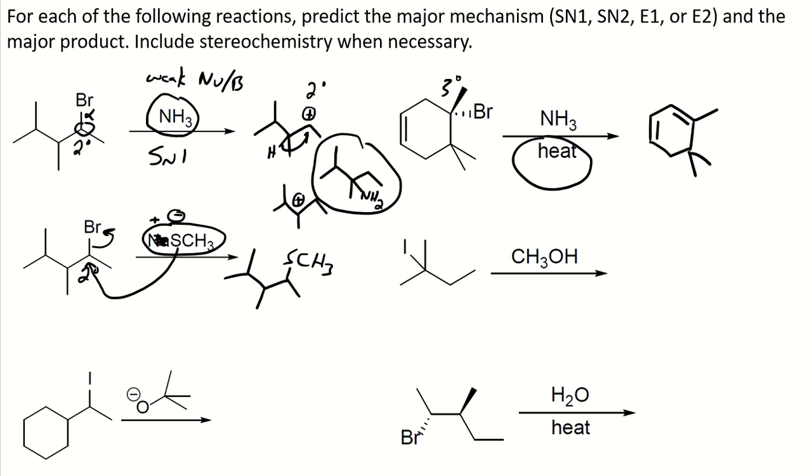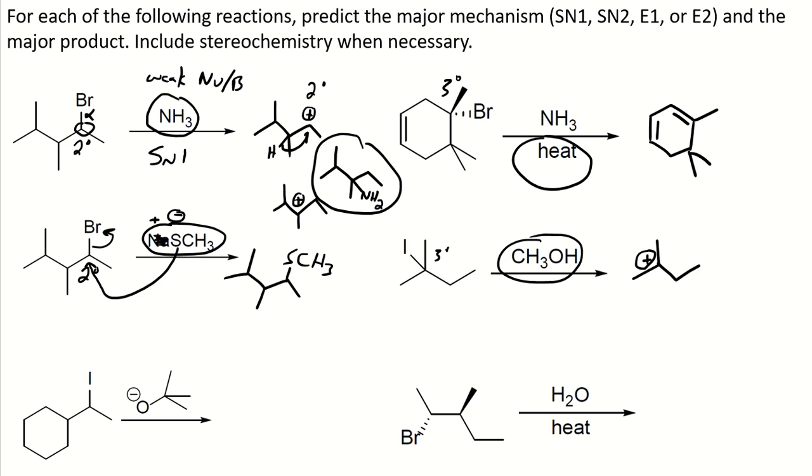On the right side of that, we have a tertiary alkyl halide. So we're going to form our carbocation because we can't do SN2, and also because our reagent is a weak nucleophile and base, there's no charge, we know it's not going to be E2, so a carbocation is going to be formed, SN1 or E1.